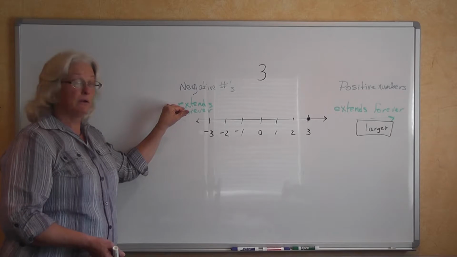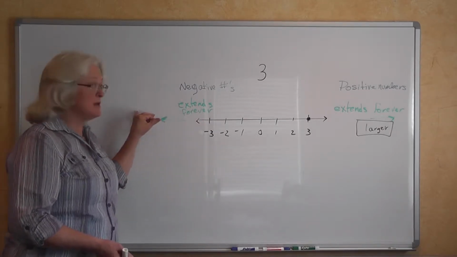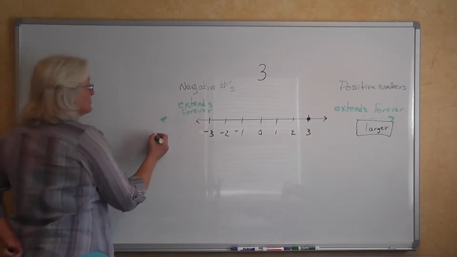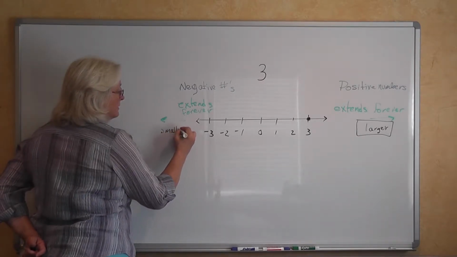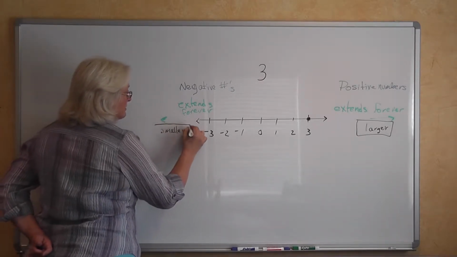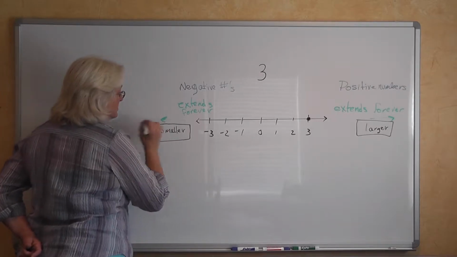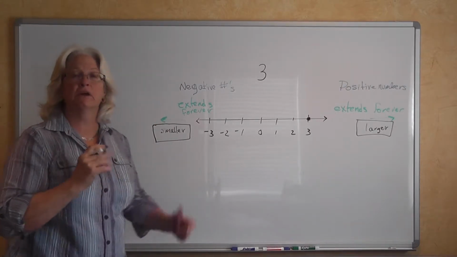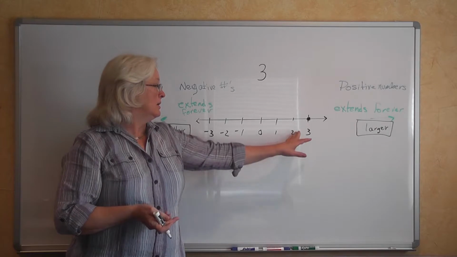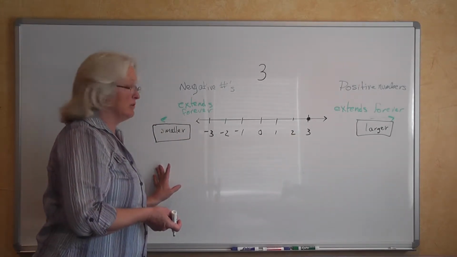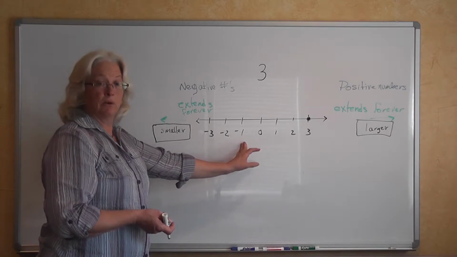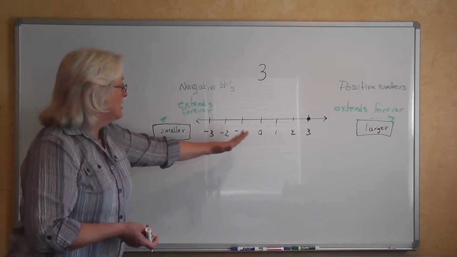The number line extends forever, and the numbers get progressively smaller. So negative 1,200 is a smaller number than 2. Negative 1,200 is a smaller number than a negative 1.